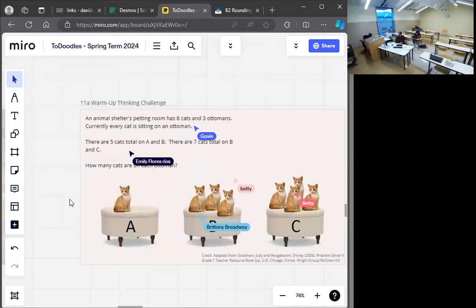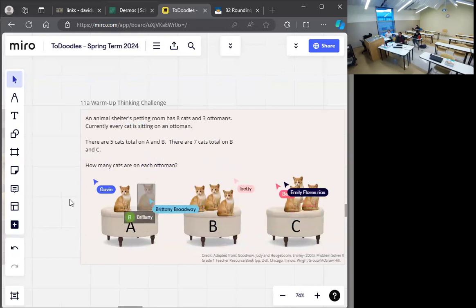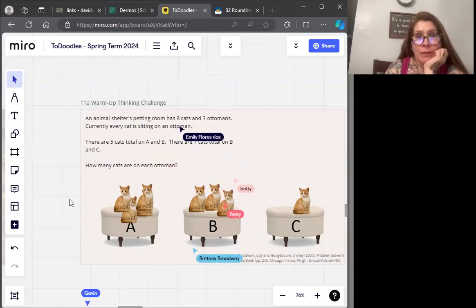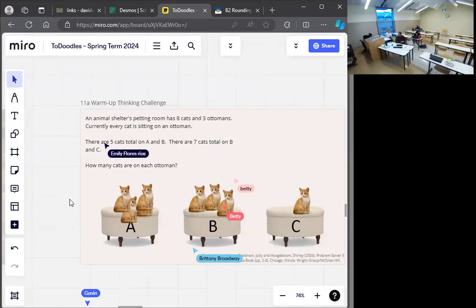Now we only have 4 on A and B. A and B are too crowded, we want only 5 total and we have 7 there.